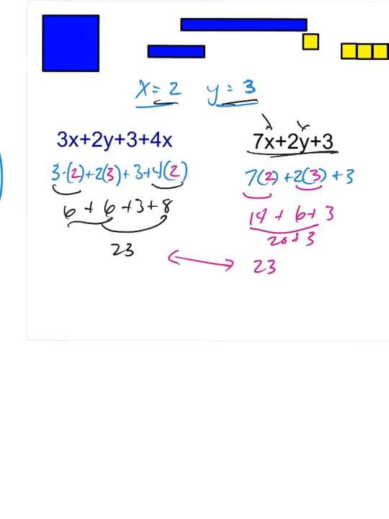Now, just in case you're wondering, maybe we did something off, what about if x was negative? Well, let's say x is negative 4 and y is positive 1. So we'll plug that in. We have 3 times negative 4 plus 2 times 1 plus 3 plus 4 times negative 4.